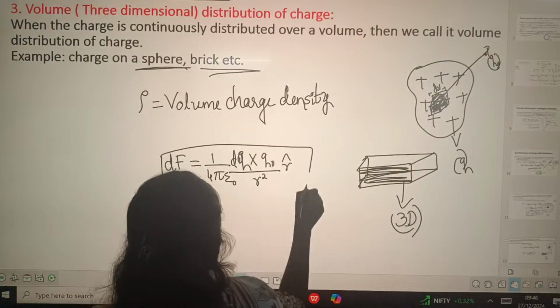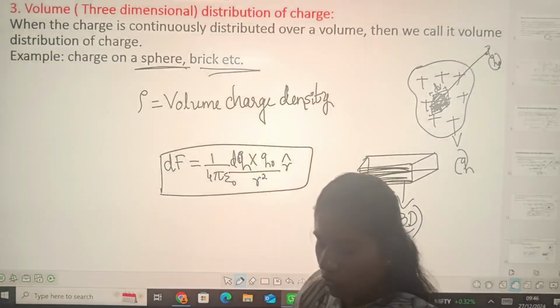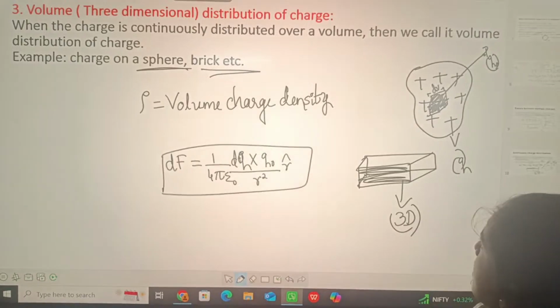This is the force in the 3-dimensional form.